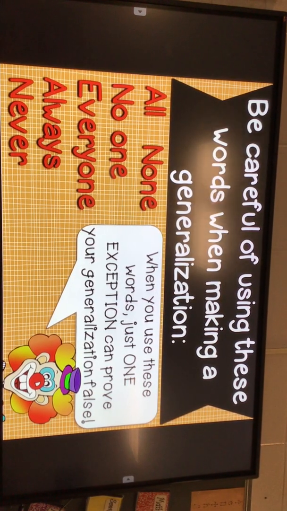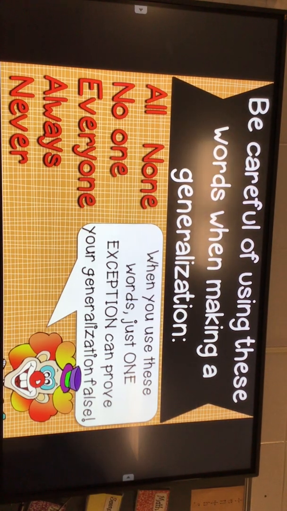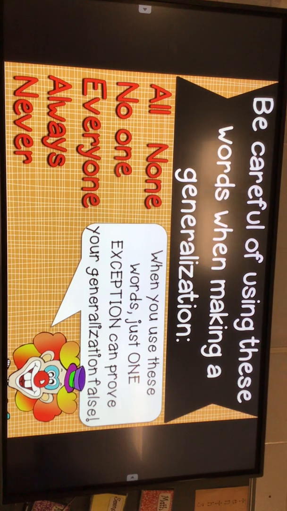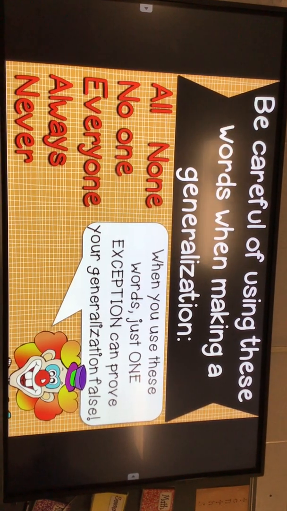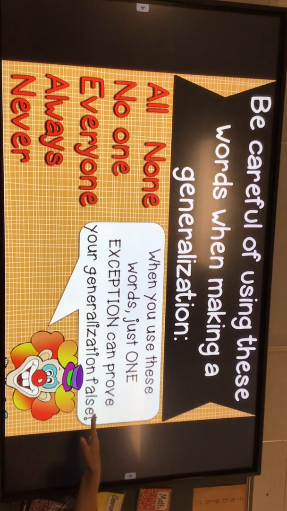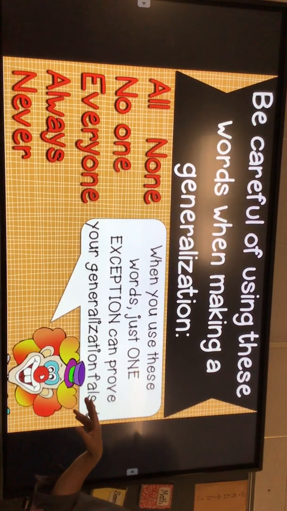Now, write that down. It says here, signal words for faulty generalizations. When you see these words, just one exception can prove the generalization false.